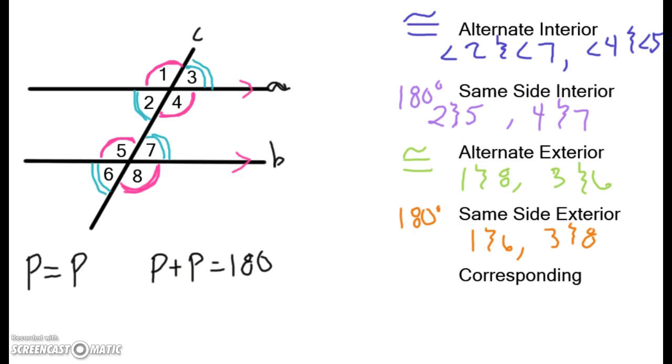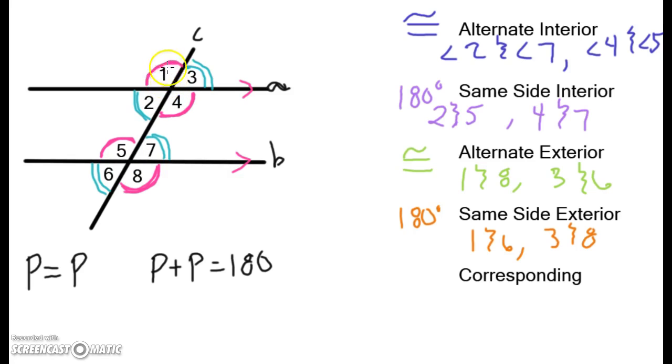All right, we've only got one more set to look at. This last set is corresponding, and I cannot stress enough how important these are. Go to like a bright red, maybe. Okay. Corresponding angles are angles that are in the same location, but on different intersections. So if you look, we've got an intersection here, and we've got an intersection here. If we were looking for the corresponding angles, we're looking for angles that are both on the top left of their intersection.